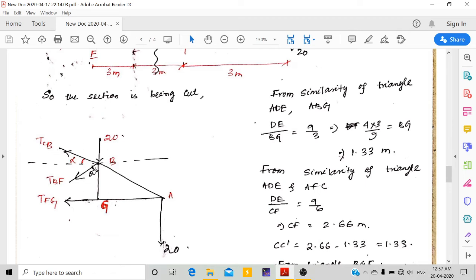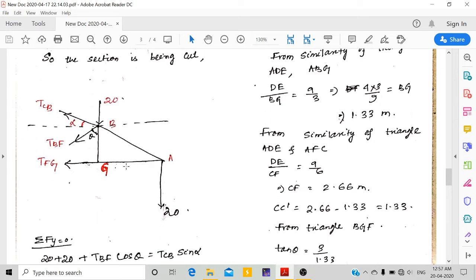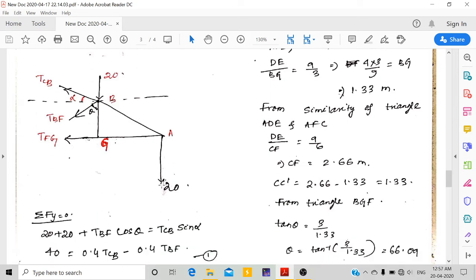Once I have calculated the theta value, we have to apply the equations of equilibrium to the whole section. It means we have to do the summation of Fx, summation of Fy, and moment. So summation of Fy first: this 20 at B is in the downward direction.